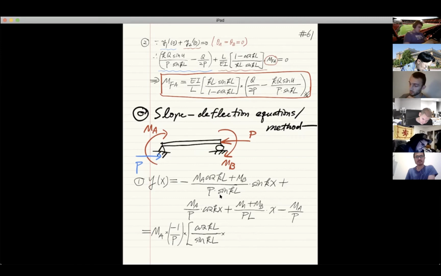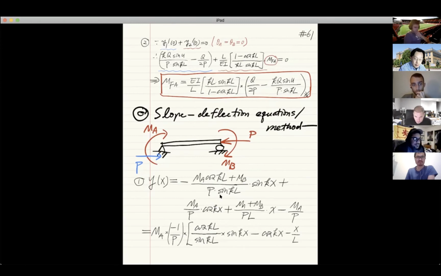This thing times sine KX and minus cosine KX. And do we have anything else with MA? We do. We still have X over PL, right? And with P already taken out, this one is just minus X over L. Why is it minus, Professor? Do we take minus MA or only MA?